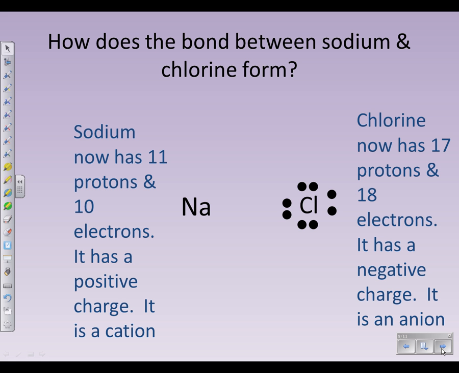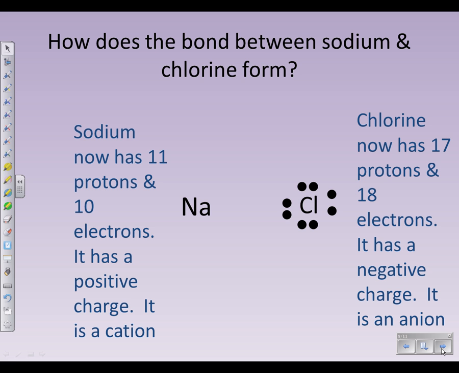Sodium has 11 protons. How do I know? Its atomic number. It always has 11 protons, regardless of how many electrons it has. That means it has a positive charge. It is a cation. So what is the positive cation going to do to the negative anion?